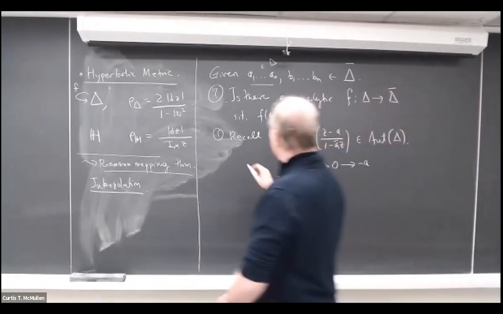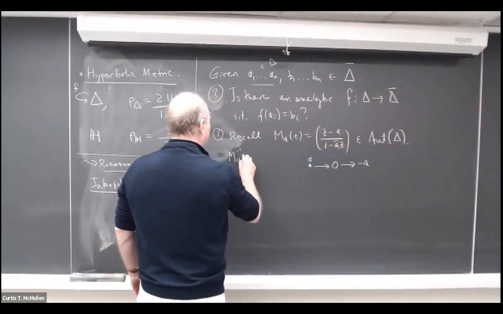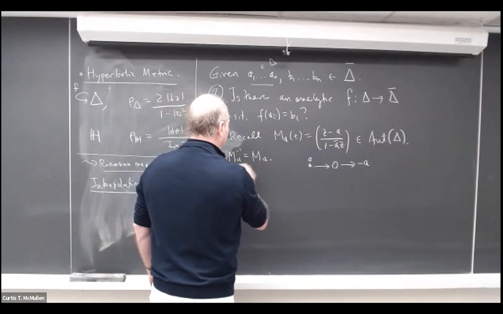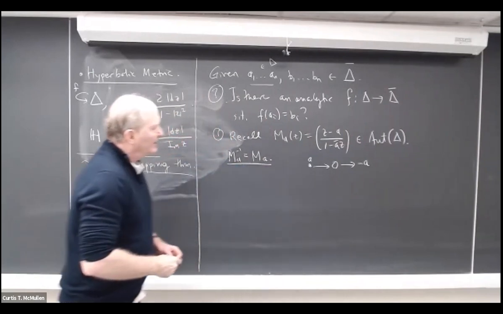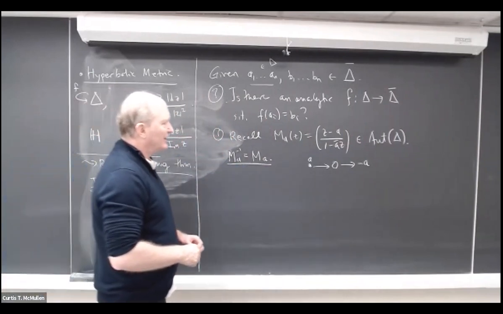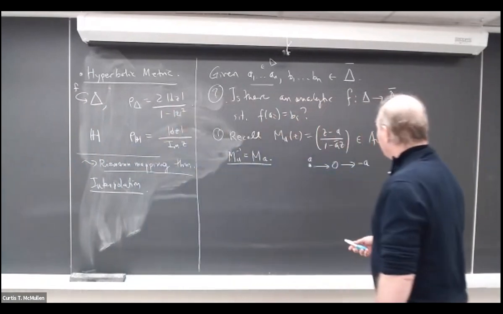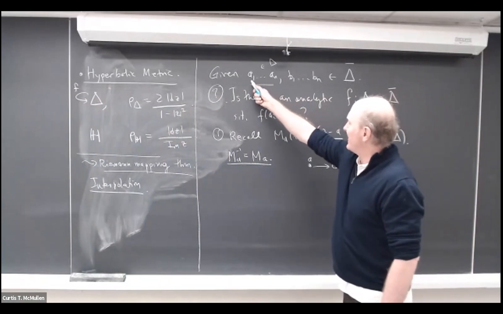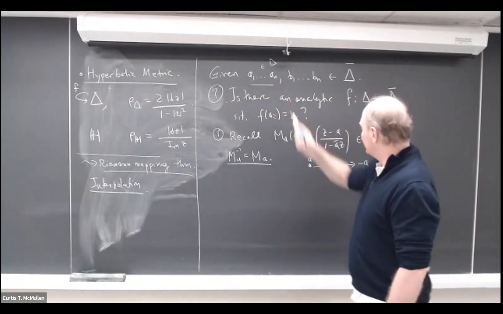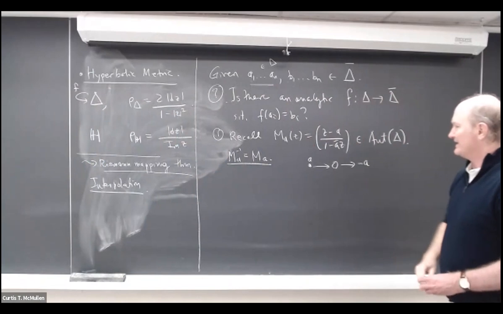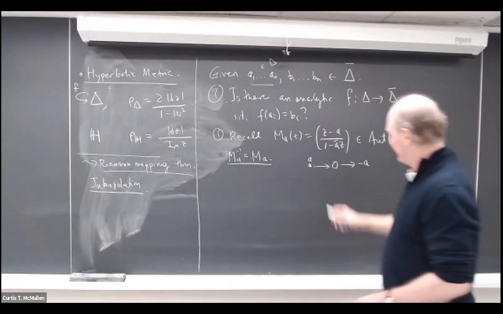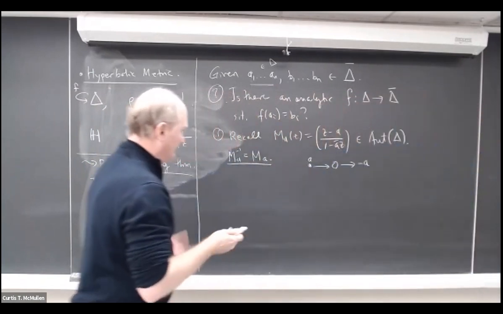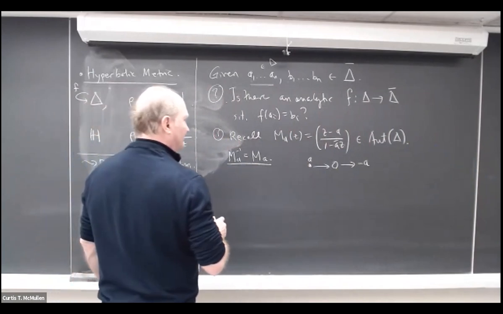In fact, M_a inverse is equal to M_a. So these Mobius transformations are useful in solving the interpolation problem. For example, suppose I just had n equals 1 and I wanted to send a_1 to 0, then I could just apply this map M_a from a to 0, and that would be the solution to the problem.